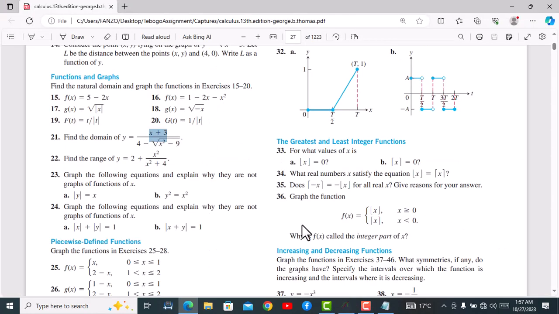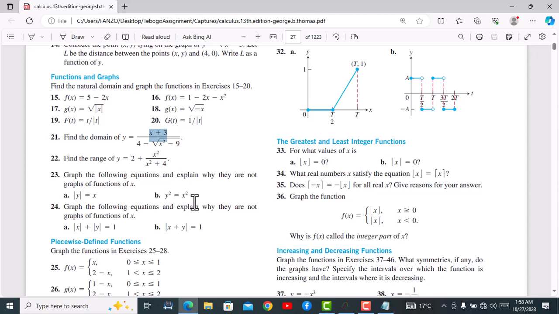But they say graph the following equations and explain why they are not graphs of functions of x. So we have an equation here, y squared equals x squared.